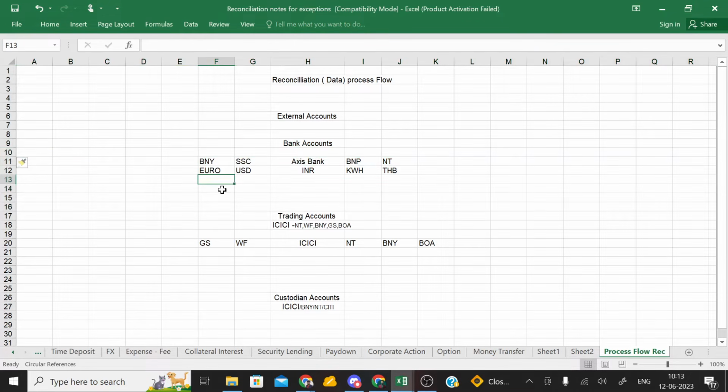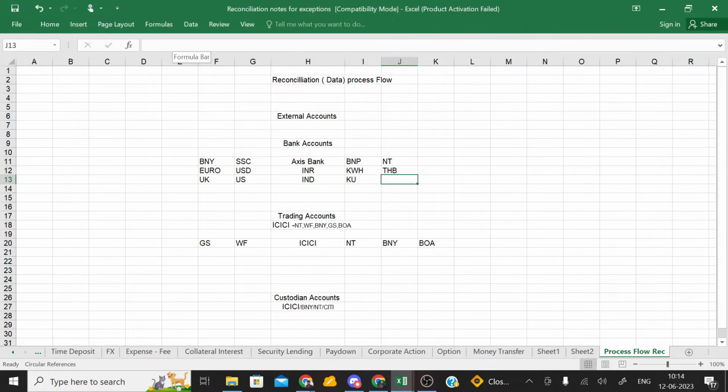So the market is also important. Market means the US market, Indian market, let's say UK, US, then Indian market, Kuwait. I'll have to check whether it is Kuwait or something else, but I'm taking Kuwait at the moment.